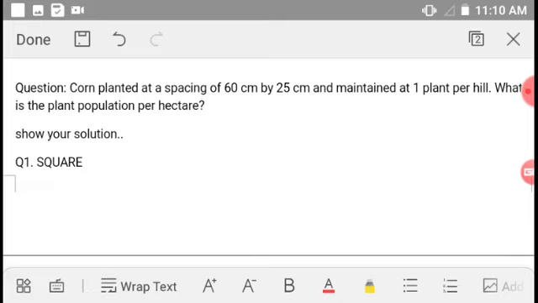The distance is 60 cm by 25 cm. So, this is the first distance by the second distance. So, dahil binigay ang kanyang dalawang distansya, isusundin natin yung D1 times D2, or first distance times second distance. So, the area is 1 hectare. At yung kailangan natin sa 1 hectare na yan is 1 plant per hill. So, isang halaman lang sa isang hill.